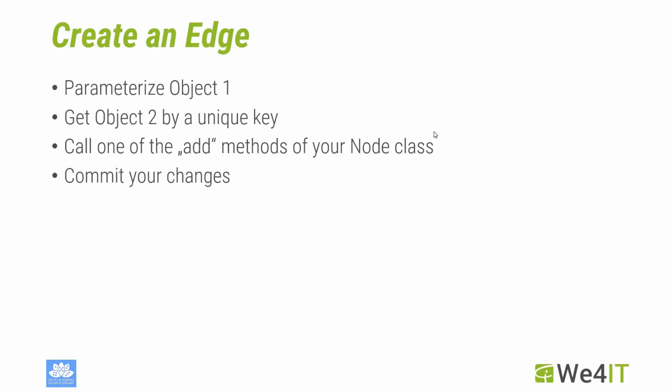If you want to create an edge relation between two objects, you have to get the first object and get the second one by a key. So you get two objects, the one that is connecting to the other. And then you just call one of the methods you predefined in your graph object before. They must start with the word add in the method name. I will show you that.